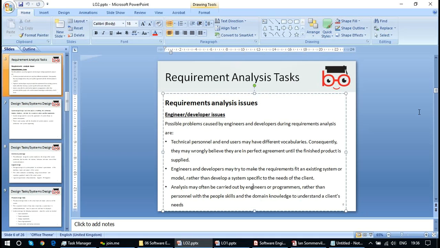But unfortunately, they are analyzed by the programmers or the engineers. That's a problem basically. The expert in the field should have analyzed and provided the full requirements, but normally that's done by the engineers and the programmers. And that's an issue.